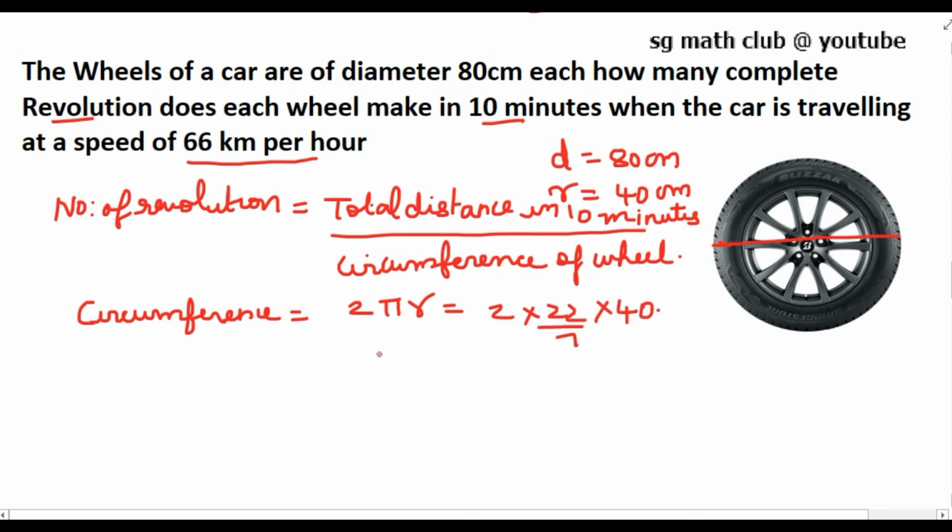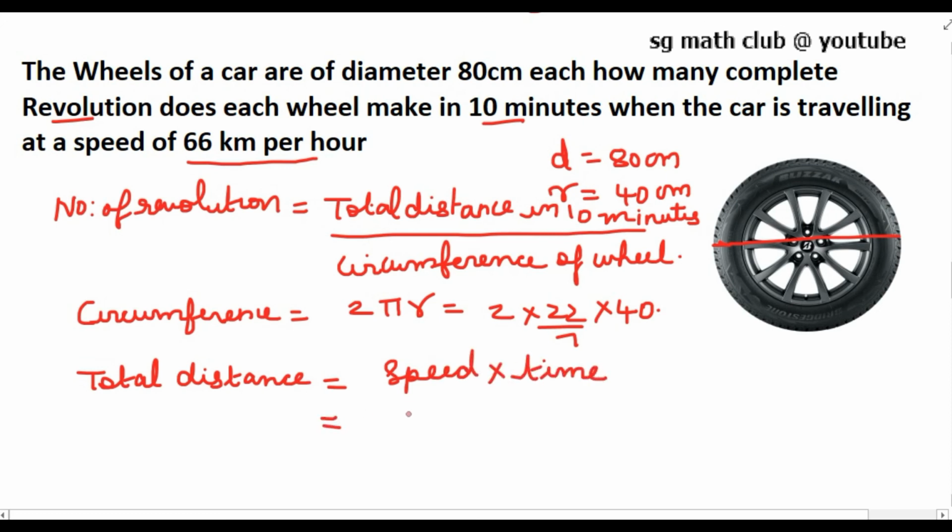Let it be there. Now we will find the total distance it has covered in 10 minutes. The distance formula we know: distance is speed into time. Speed is given as 66 kilometer per hour. Time they have given as 10 minutes.